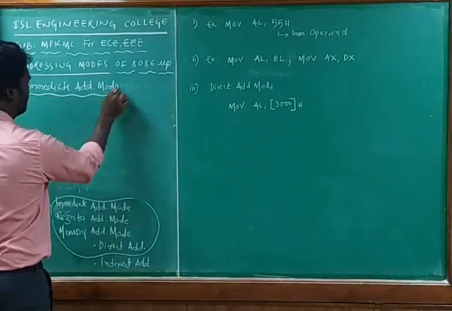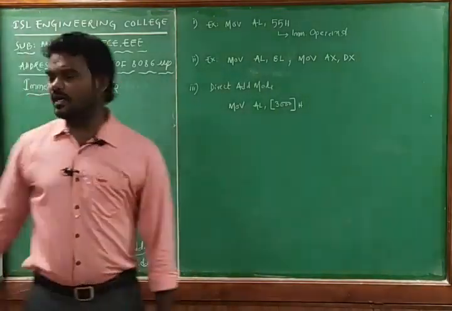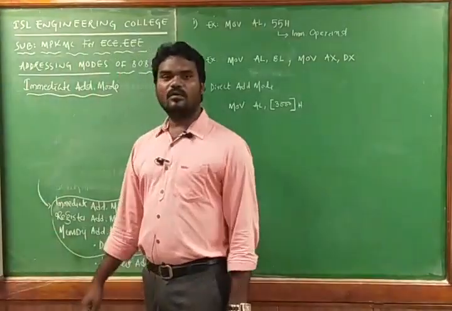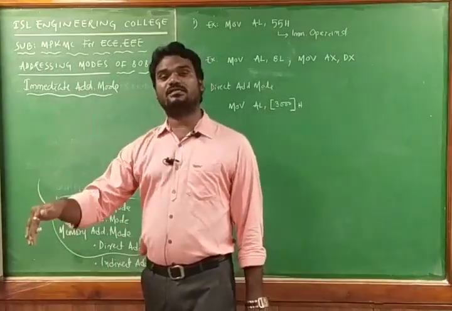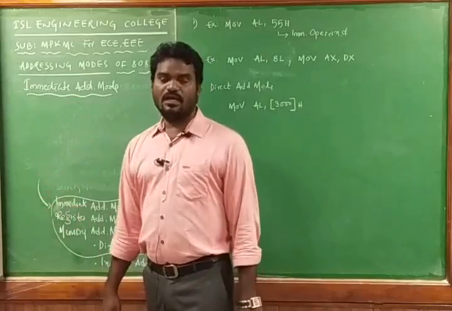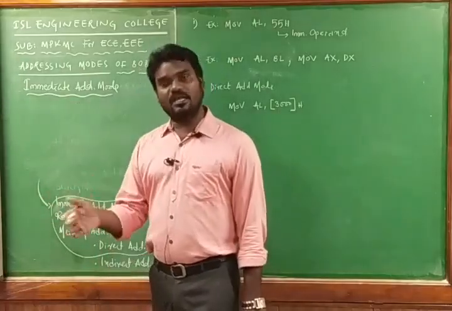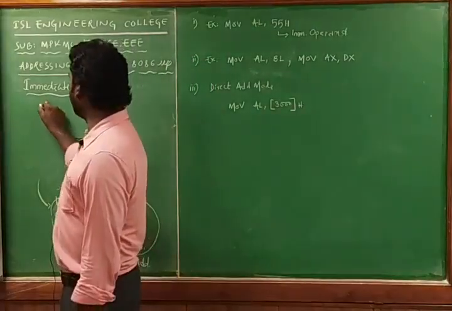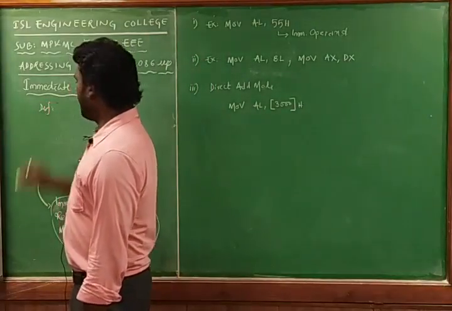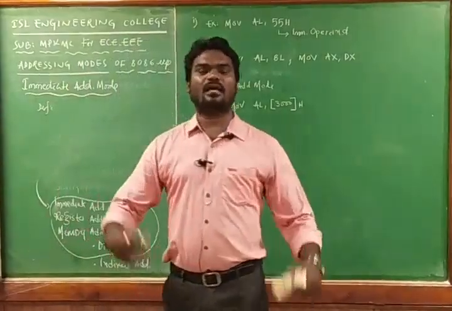Immediate addressing mode, that means in this addressing mode, the operand will be specified in the instruction itself only. The instruction itself has the operand. Definition: immediate, that means what? Directly it can access that operand.